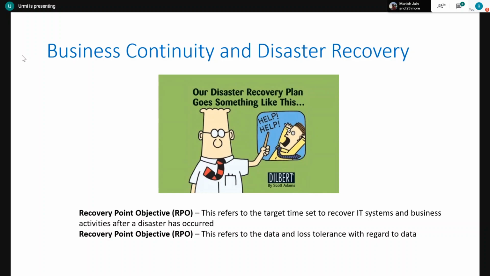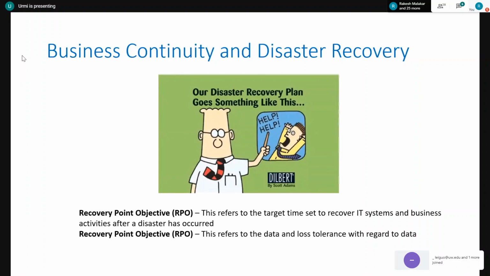The other piece refers to data loss tolerance: how much time can you tolerate without the data? That's an important piece because without the data, you cannot operate. You need good data to do good work.